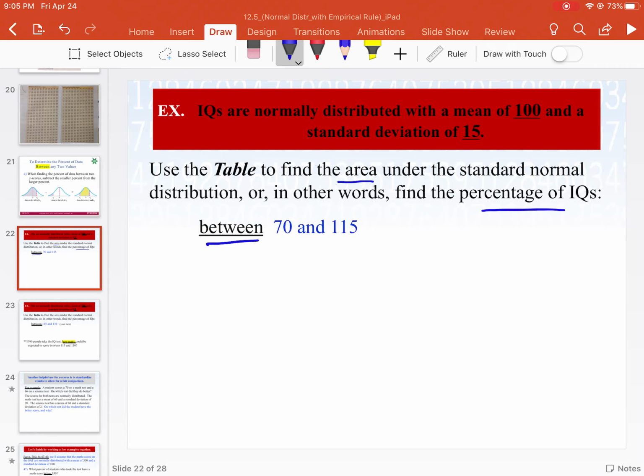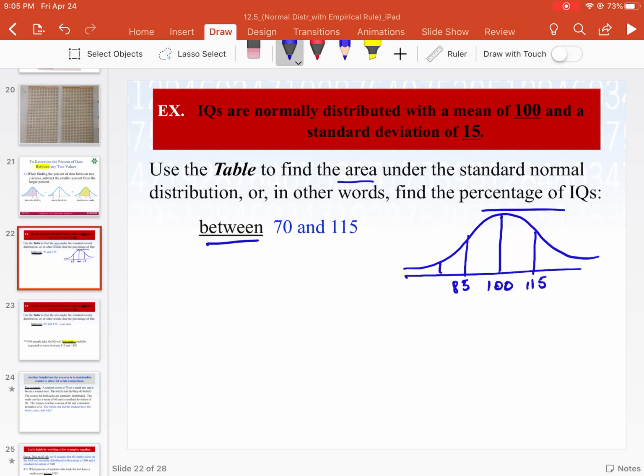Now again, I could draw you a little picture. Because IQs have a mean of 100 and a standard deviation of 15, there's one standard deviation, 85.